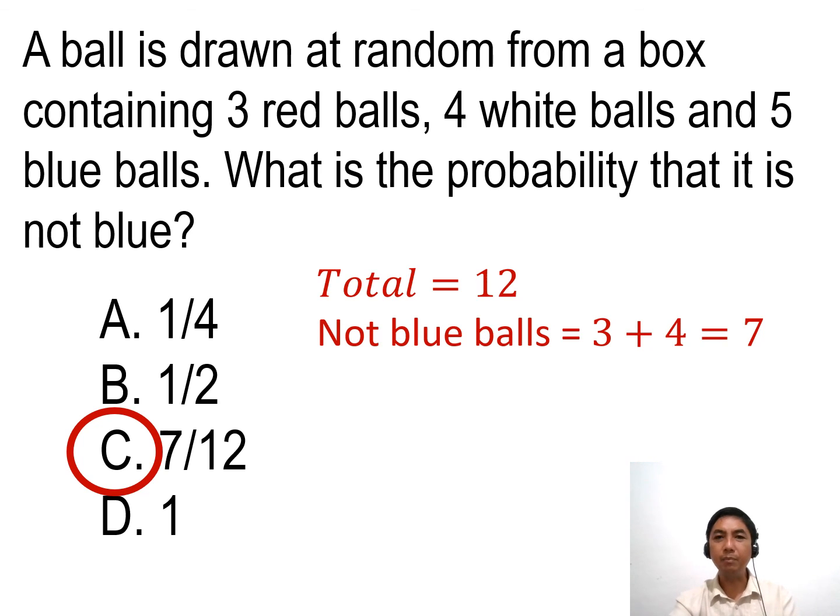Now, the not blue balls, that means red and white. Ang red is 3, ang white ay 4. So, not blue balls is 3 plus 4 equals 7. So what is the probability that it is not blue? So the probability is 7 all over 12. So this is the final answer.